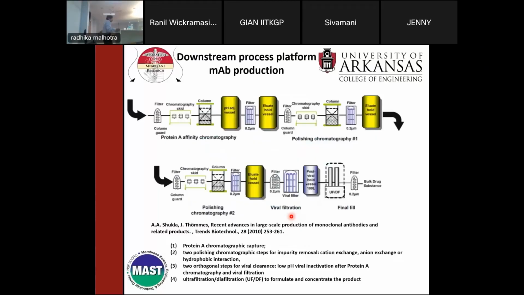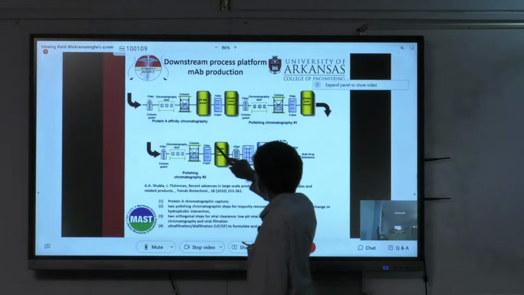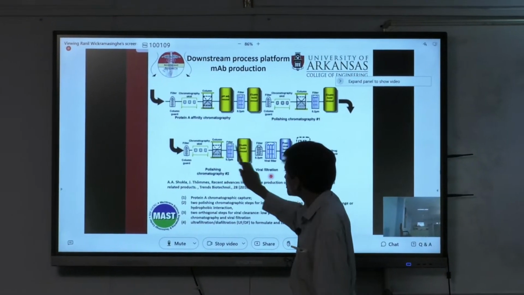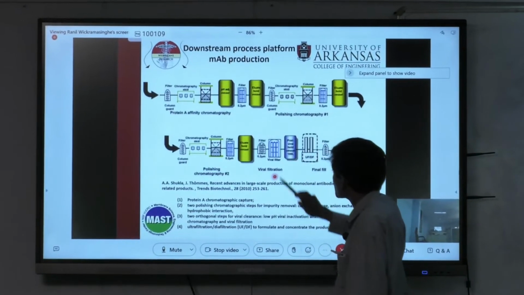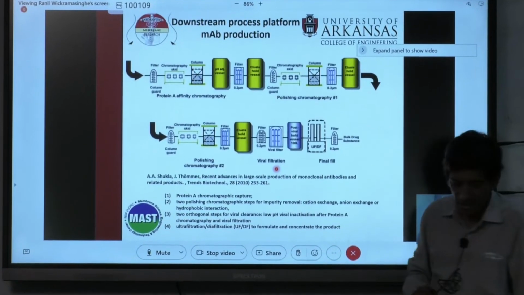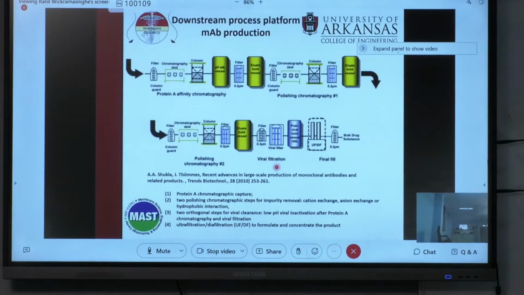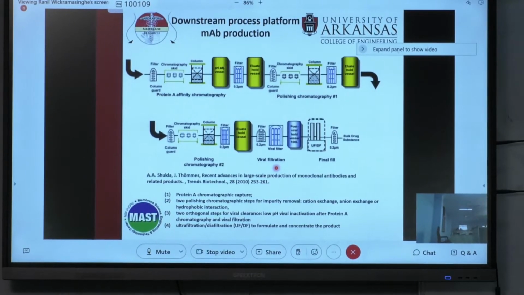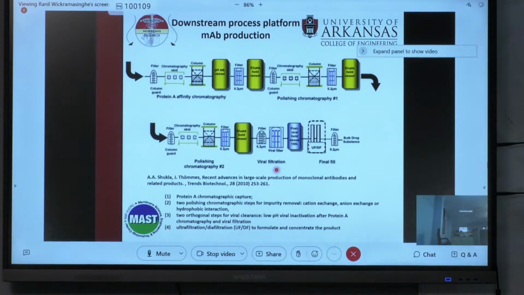Okay, so I think we have basically finished everything now, right? We talked about depth filtration, we talked about sterile filtration, we talked about membrane adsorbers that fit in here, we talked about virus filtration, we talked about ultrafiltration, diafiltration. That is not to say that there aren't non-membrane processes, which we didn't talk about.